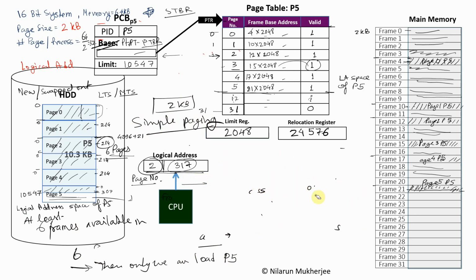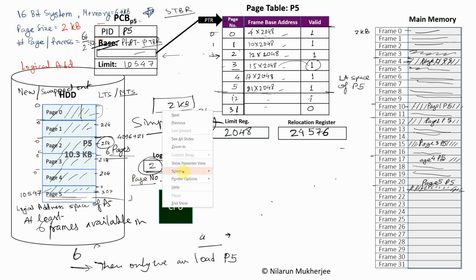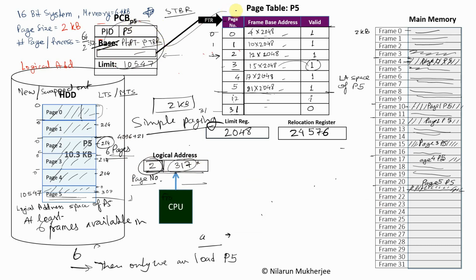So now let's see how the address mapping will be done. So we had an offset of 317, which means the process wants to access the 317th code, instruction or data in its page 2. So it generates the address, OS finds the PCB, goes to the process page table, goes to the entry, finds the frame base address, puts it in the relocation register.